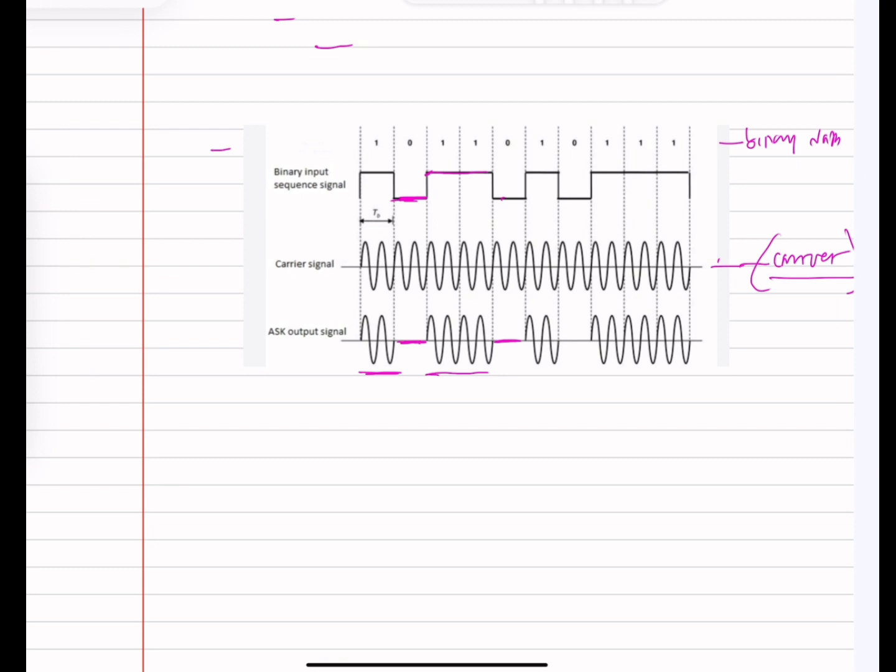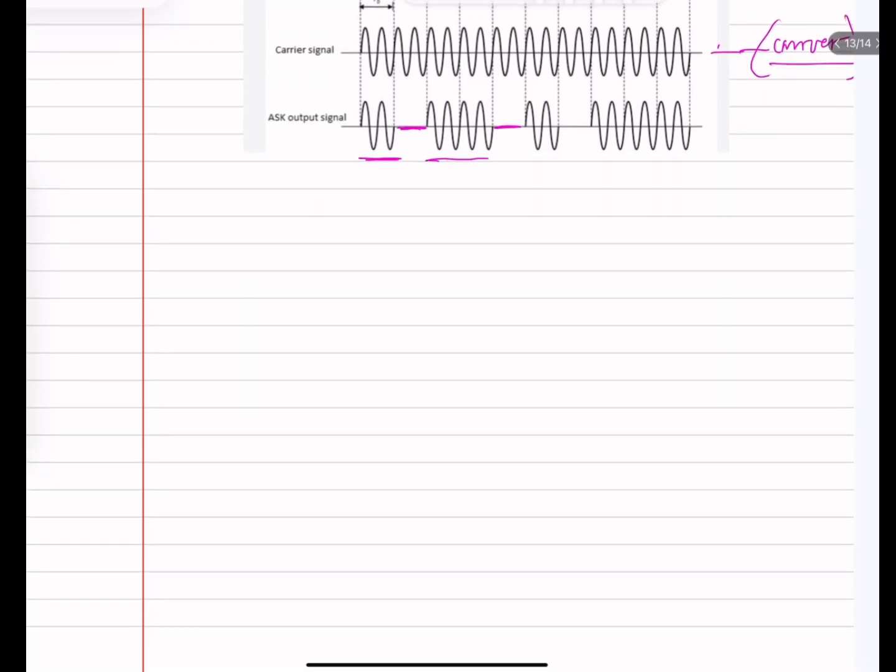To know how we obtain an ASK modulated wave, we would like to learn more about the working of the amplitude shift keying modulators, which is, let's say, the binary ASK modulators.